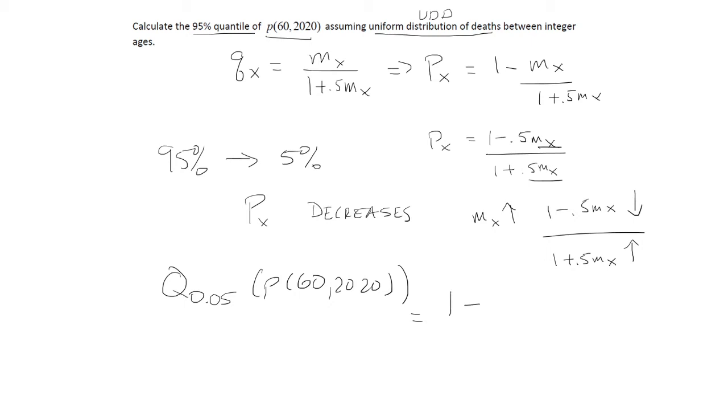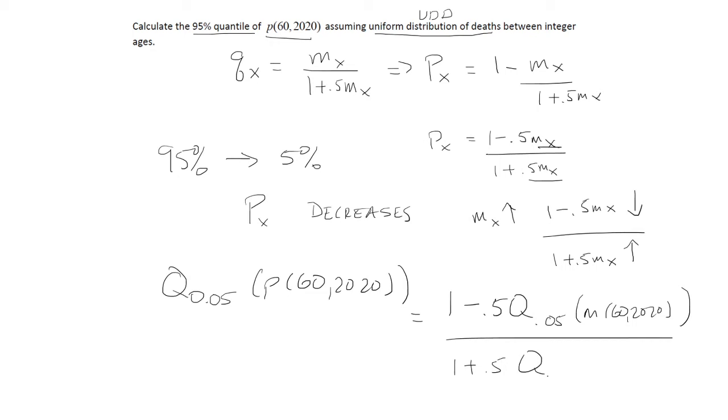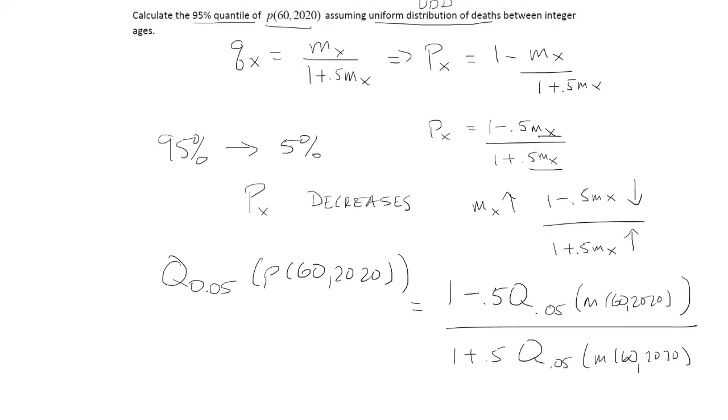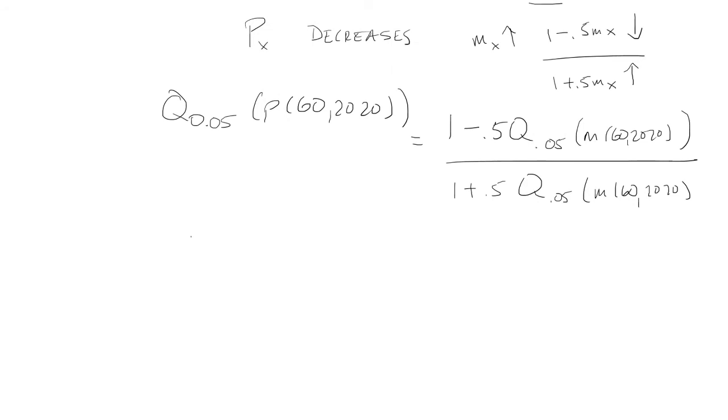So that's going to be 1 minus half the 5th percentile of M60 2020, all over 1 plus half the 5th percentile of M60 2020. Now from this formula, I need to find out what the 5th percentile of M60 2020 is.